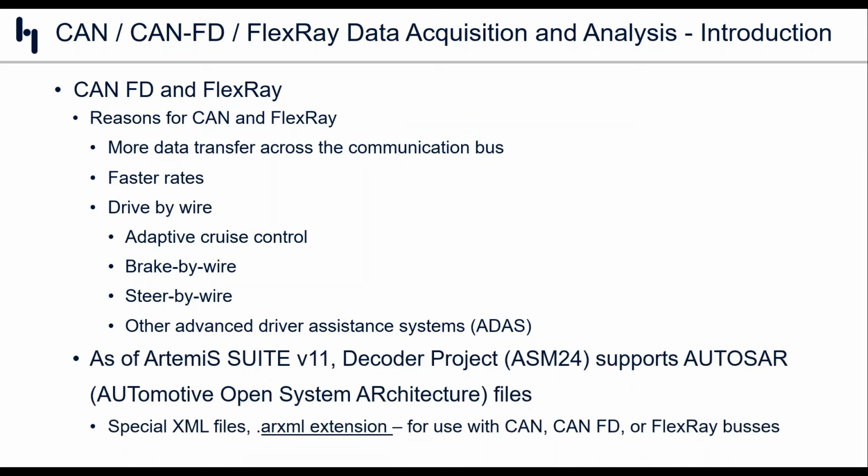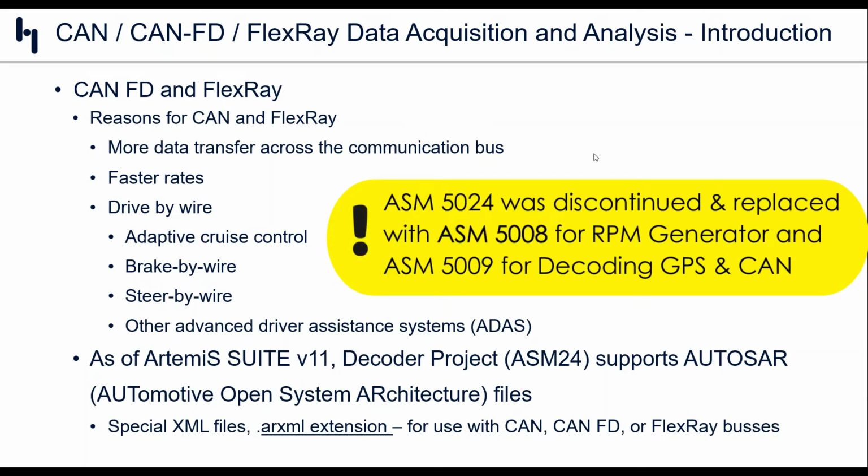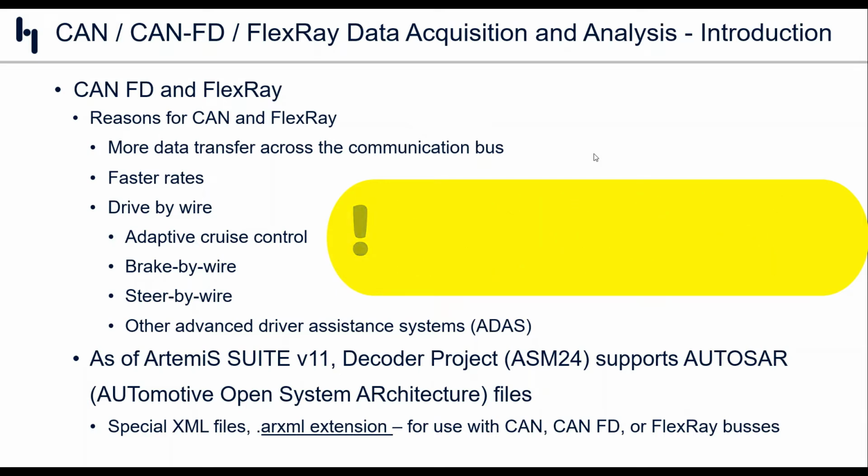As of Suite version 11, the Decoder project, or through ASM24, supports this AutoSAR, or Auto Open System Architecture files. These are special XML files with an ARXML extension, and it's for use with CAN, CAN/FD, and FlexRay buses, or FlexRay buses, I should say.